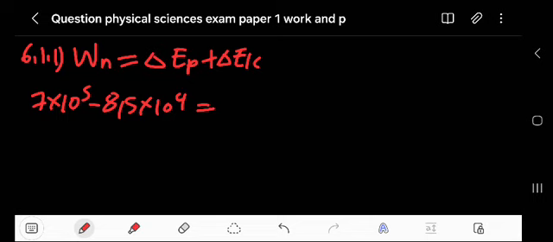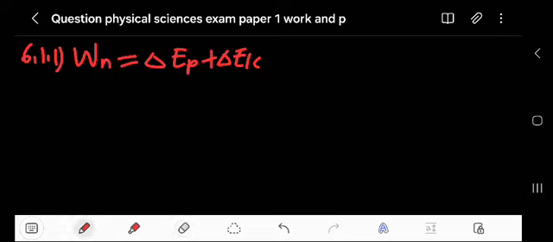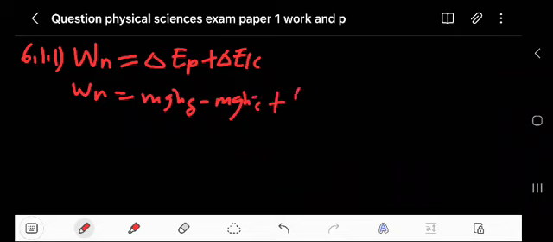Let me first expand the formula for you guys. WNC, the non-conservative work, is the same as potential energy, mgh final, minus mgh initial, plus kinetic energy, 1 over 2 mv squared final, minus 1 over 2 mv squared initial, right?